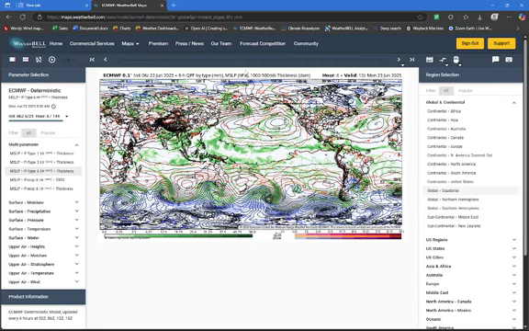Hot desert climate, we're going to talk about that. Hot desert climate is BWH, that's hot desert climate, and cold desert climate is BWK, that's cold desert climate.